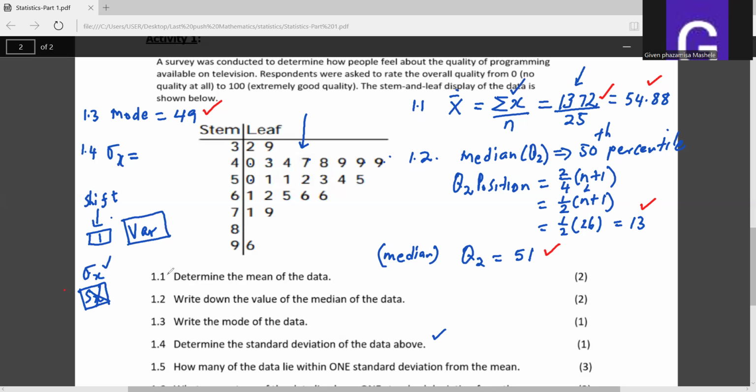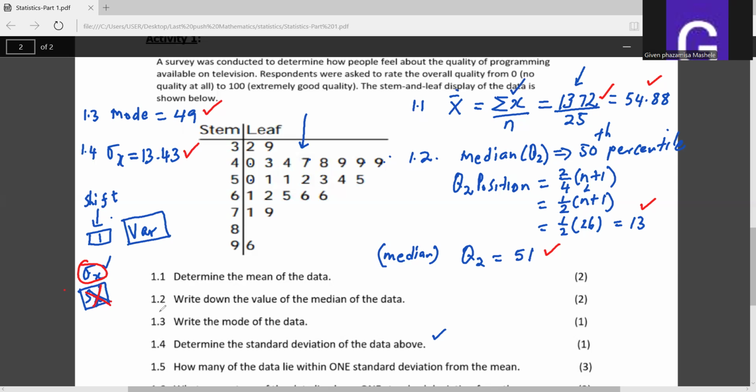Then the sigma x will be 13.43. So our standard deviation is 13.43. Remember, all the time, we do not use the sample one in your syllabus. We use sigma. You always consider this. I believe you guys are following.